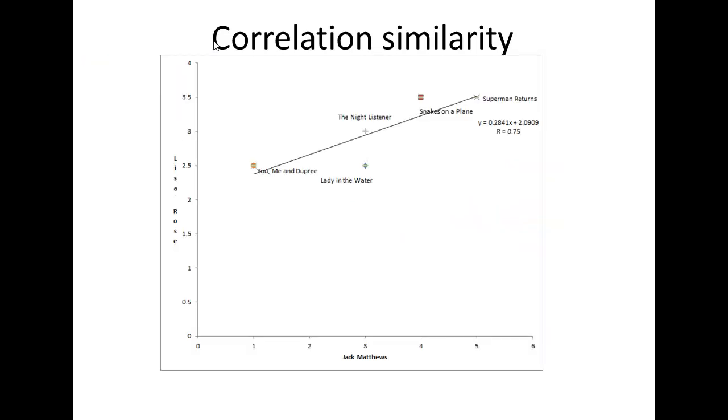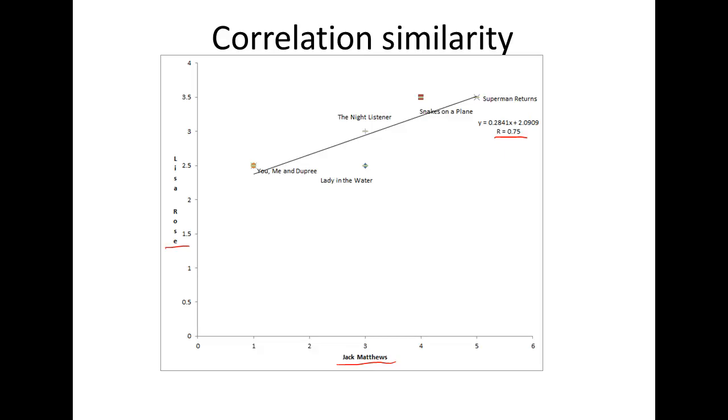So here you see two different critics, Jack Matthews and Lisa Rose. And what we see in their case is that this R is better. It's 0.75, the correlation coefficient. And the line really describes the data better, so it's a better fit on those data points.